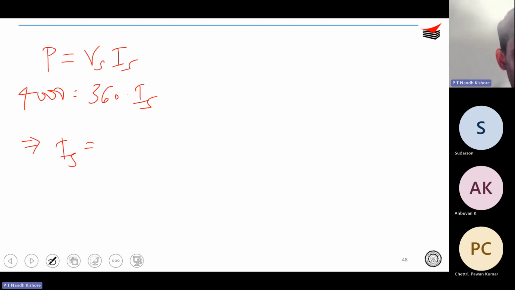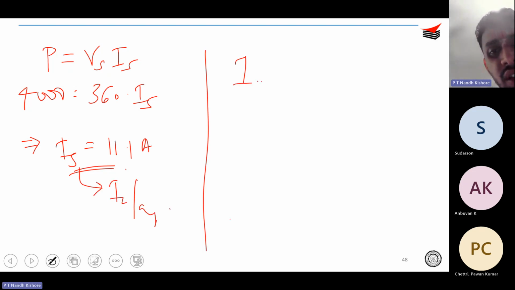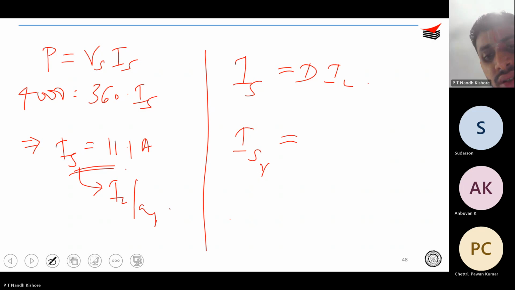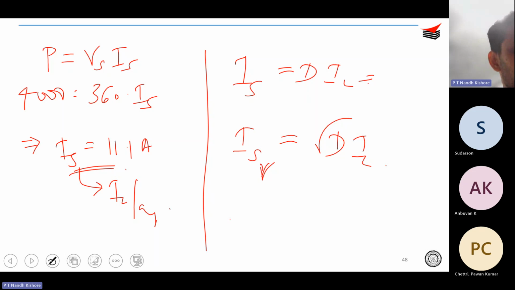Your IS turns out to be 11.1 amperes. So since IS is equal to IL average, I switch average is D times IL average. I switch RMS is root D times IL average. Just substitute it.